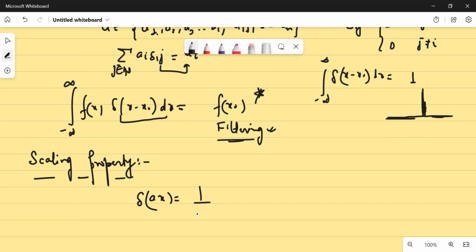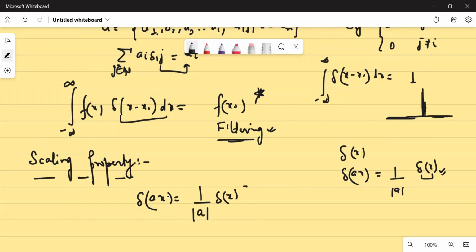So this will be equal to 1 upon mod a, Dirac of x. If I write Dirac of ax instead of Dirac of x, it will be equal to 1 upon modulus of a times Dirac of x.